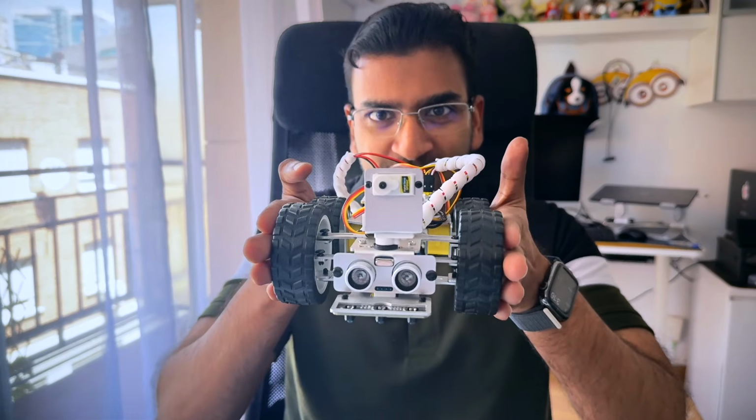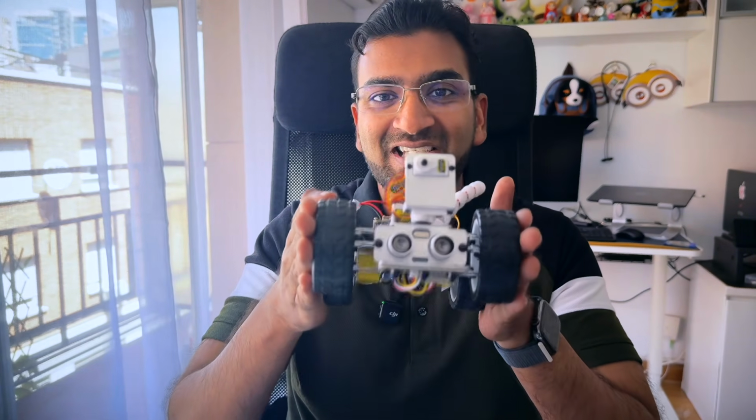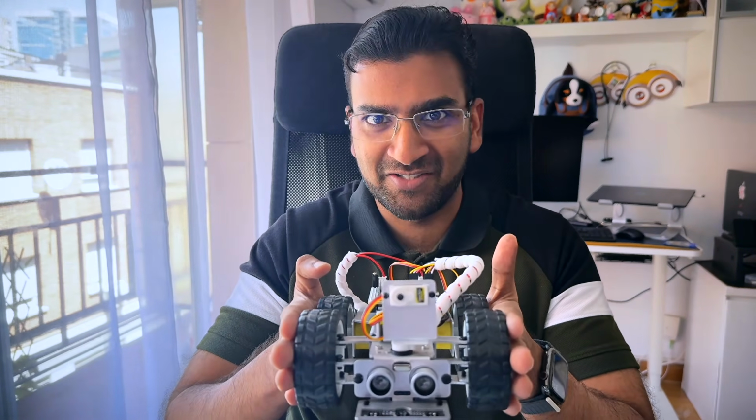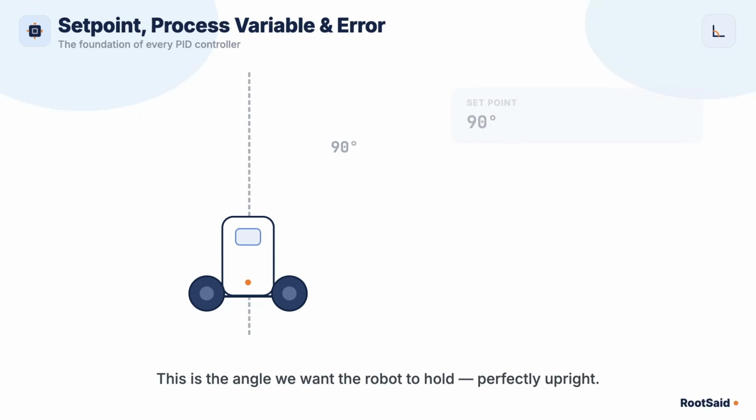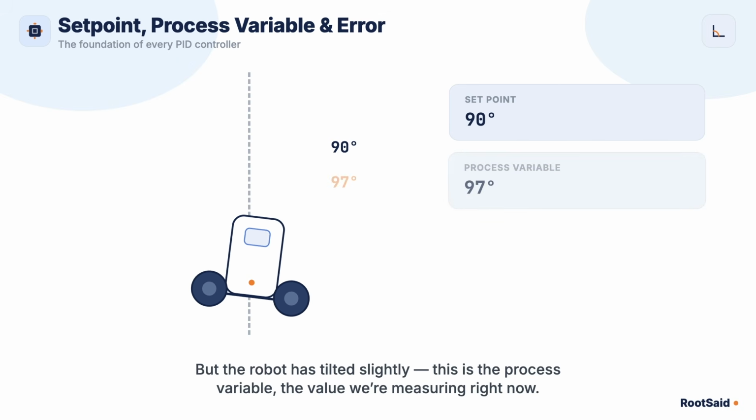So basically, in all these cases, there is a value that we want and the value that we are getting. The difference between these two values is all that matters. Let's imagine a self-balancing robot. In order to make it stand upright, the value that we want will be 90 degrees, and that value is called the set point. And then there will be a value that we will be getting, and this value is called the process variable.